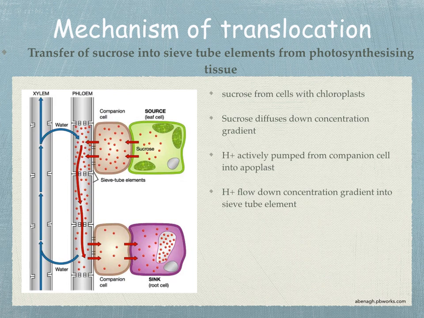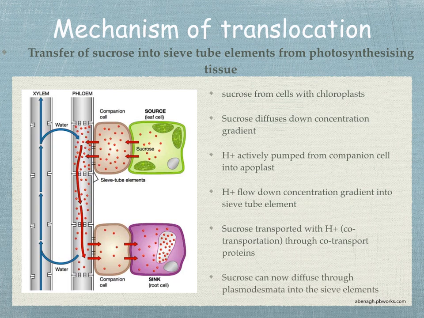The protons then flow down a concentration gradient through carrier proteins into the sieve tube elements. Sucrose is transported with the protons, so this is called cotransportation, through the cotransport proteins. Sucrose can now diffuse through the plasmodesmata into the sieve tube elements, as you can see on the left there.